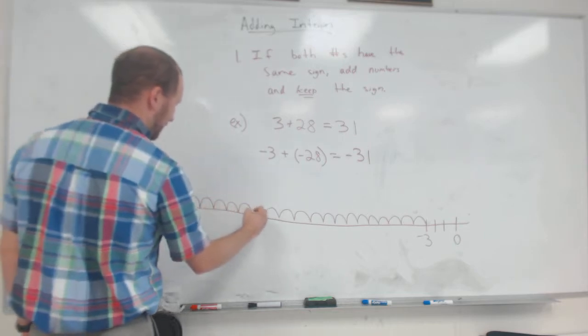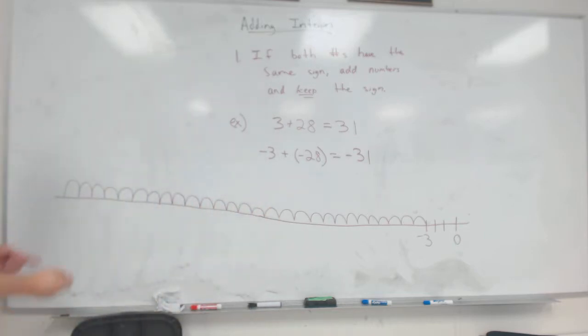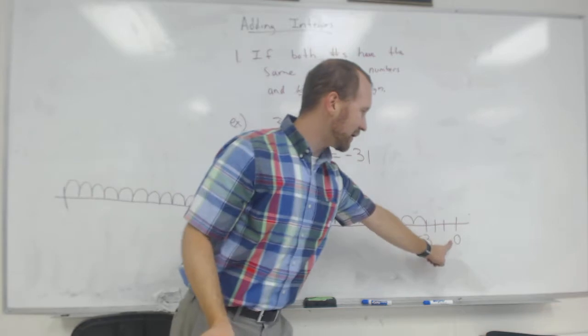The number line even ran out. So what number would I be at way down here? You would be at negative 28. Well, I wouldn't because I didn't start at 0.